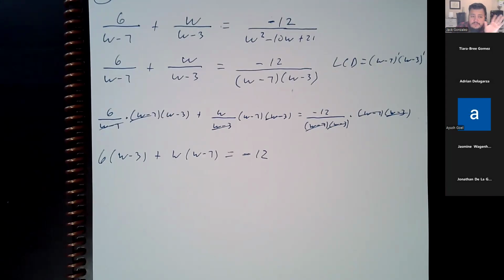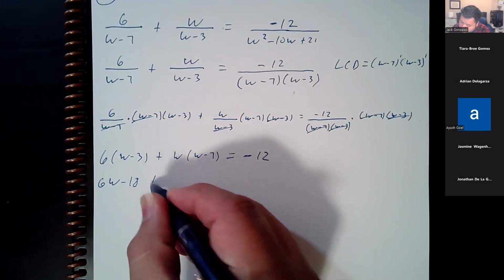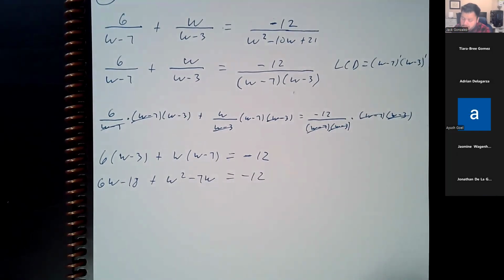So now no more fractions, and it's much simpler, right? Distribute the 6, distribute the w, combine like terms, and then solve for w. So we're going to get 6w minus 18 plus w squared minus 7w equals negative 12.